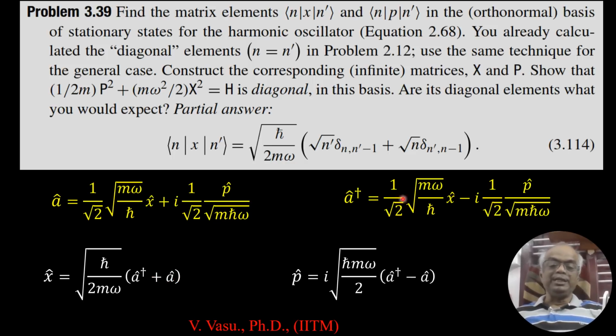Similarly for p, you subtract a dagger minus a, then the first term will go away, and you will get the second term. After simplification, p hat is equal to i square root of m h cross omega over 2, times a dagger minus a.